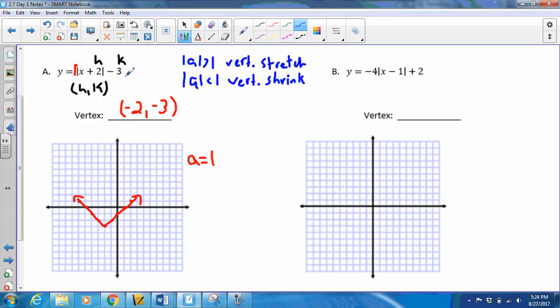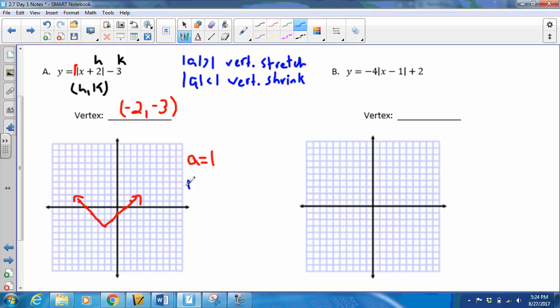So our last thing is our translations. Okay, so here we're going to write how much we translate. So that means we're going to either go to the right or to the left, or up and down. So we look at our H here. We see that we actually go to the left 2.